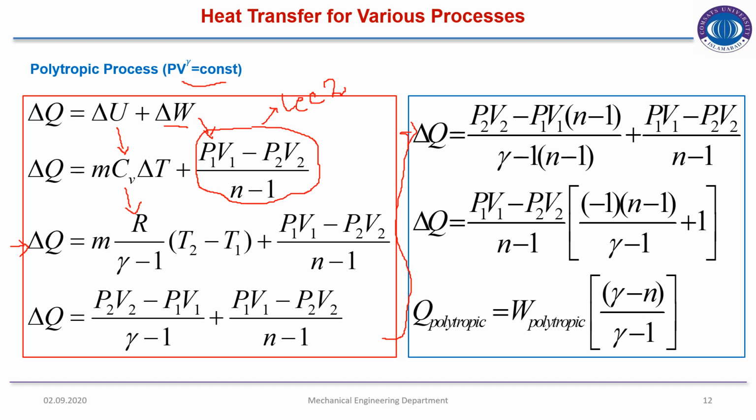We have taken the (P1V1 minus P2V2) over (n minus 1) term common, and the other is inside the brackets. So now we know that Q polytropic, the heat transferred in polytropic process, is equal to work done in polytropic process multiplied by the expression in the bracket.